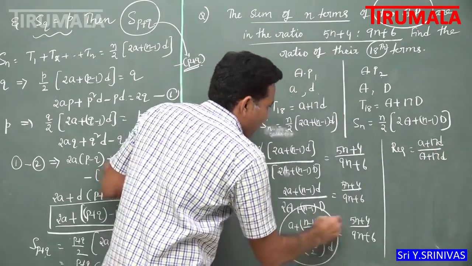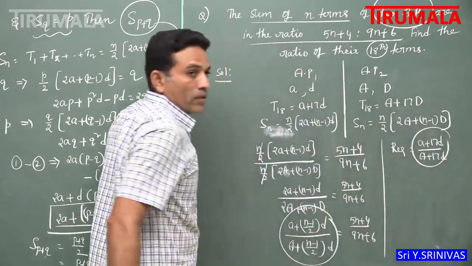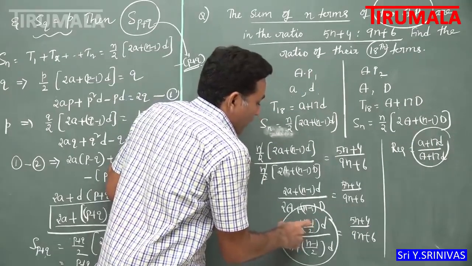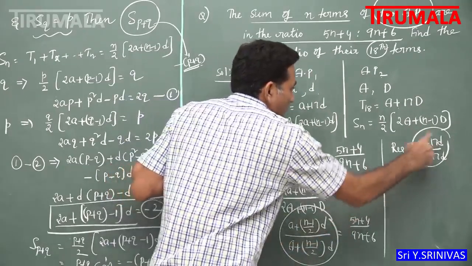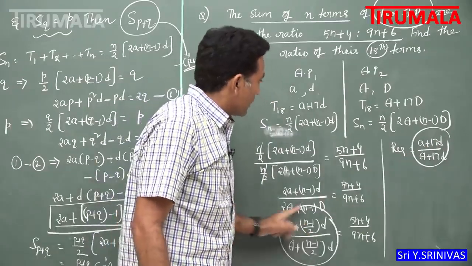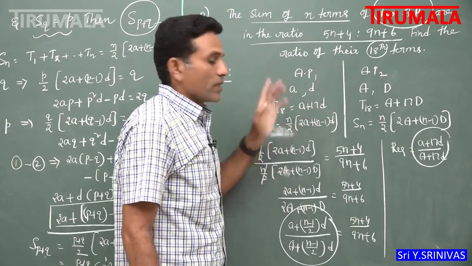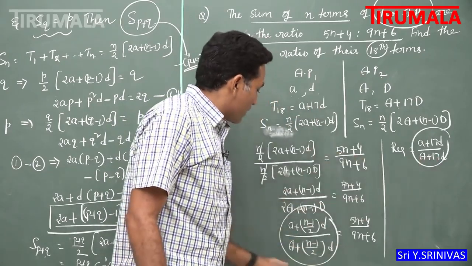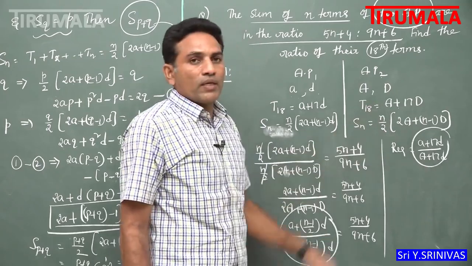Observe these two structures. If n minus 1 by 2 is 17, it is T18 in the first AP. If n minus 1 by 2 is 17, it becomes the 18th term in the second AP.